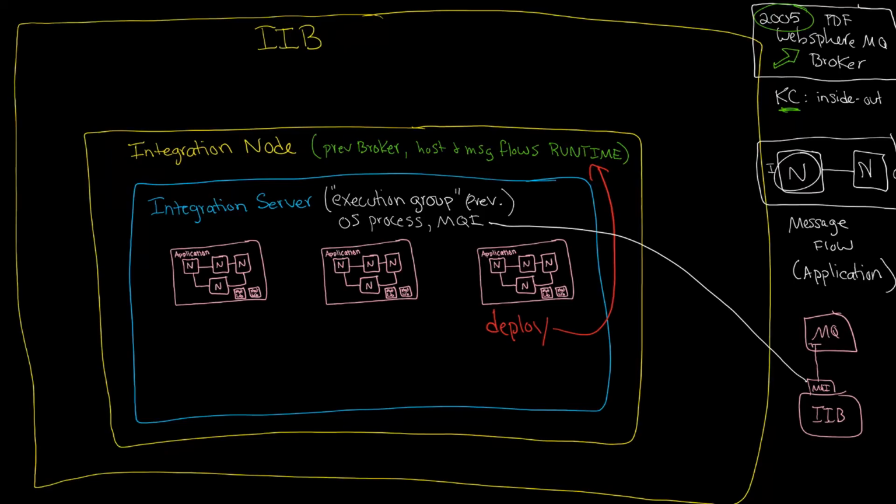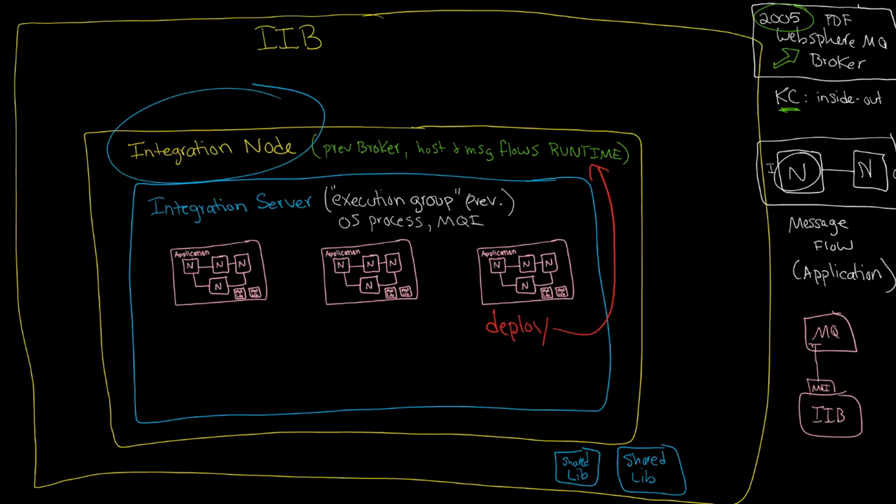Now, outside of the integration node, you have something here called shared libraries. And they are shared so that other pieces of IIB can use them. That is to say, other integration nodes can use those shared libraries to do whatever they need to do.